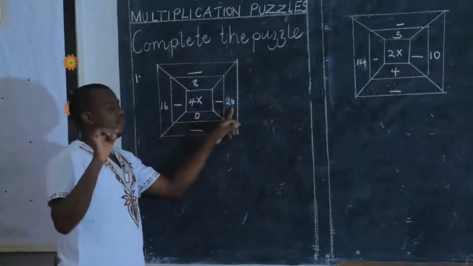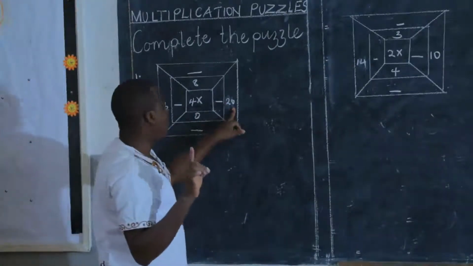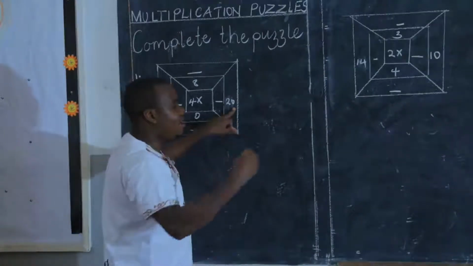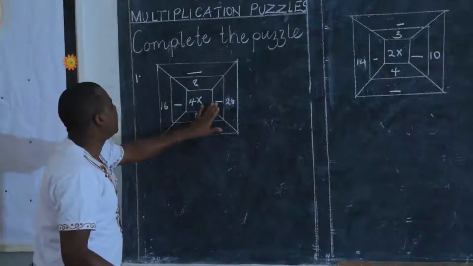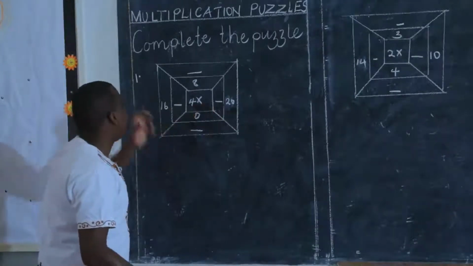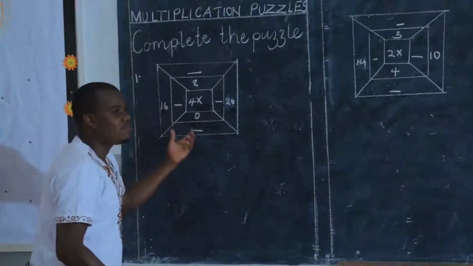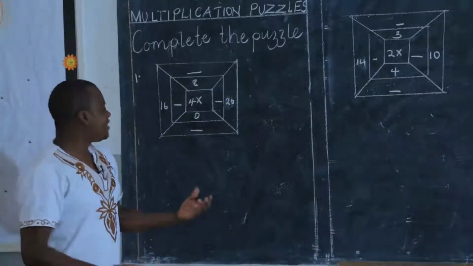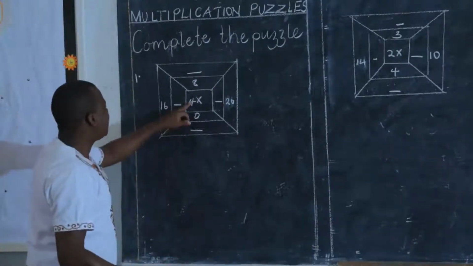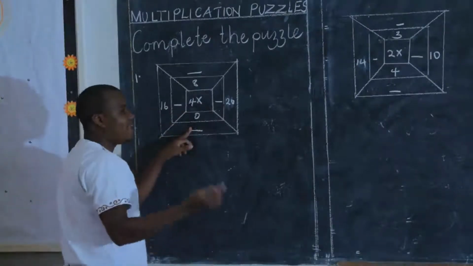So you remember the other time when we were dealing with addition puzzles, we had some dashes that were near the center and some dashes that were far from the center. Do you remember what we did for those? We said when the dash is far, we added, remember?